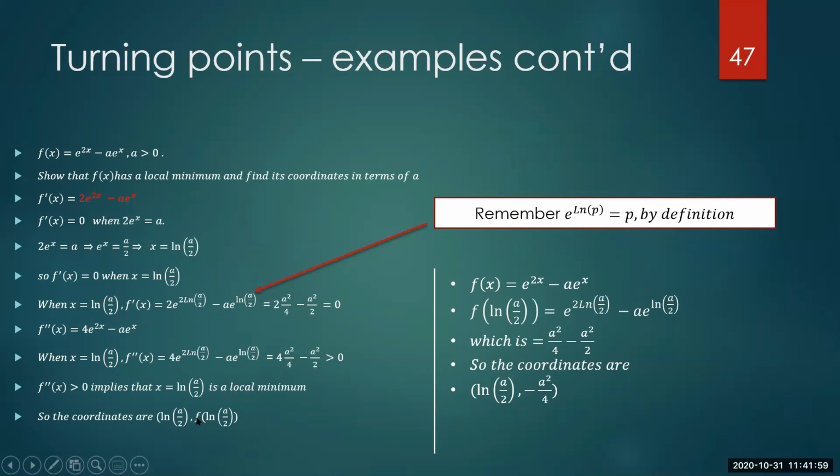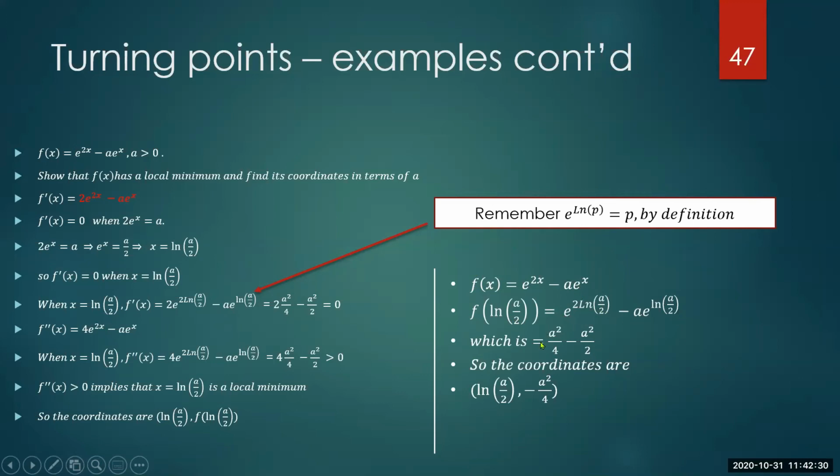So we've got our differentiation done, and we now need to find the y value when x is equal to the natural log of a over 2. So we remember that f of x is equal to e to the power of 2x minus ae to the power of x. So f of the natural log of a over 2 is equal to e to the power of twice the natural log of a over 2 minus ae to the power of the natural log of a over 2.